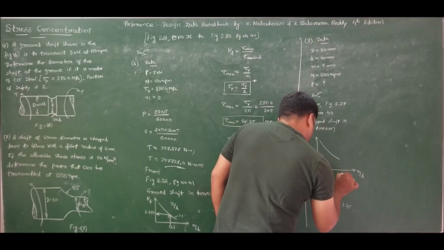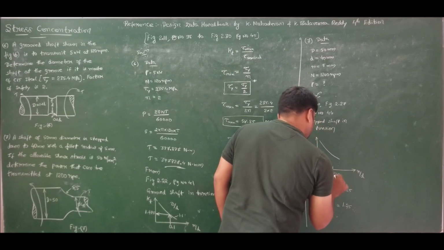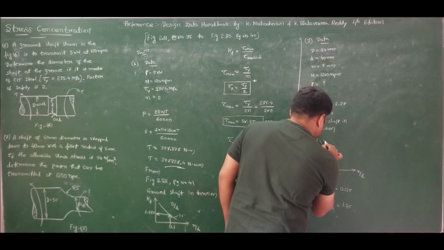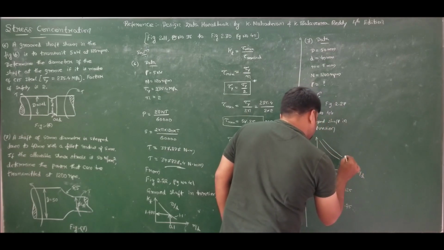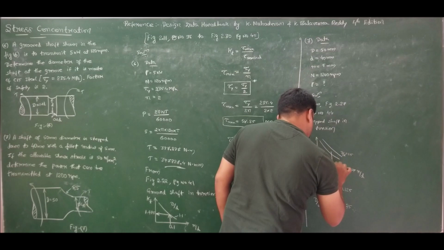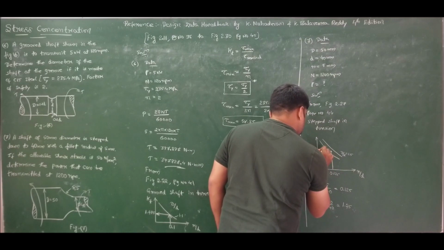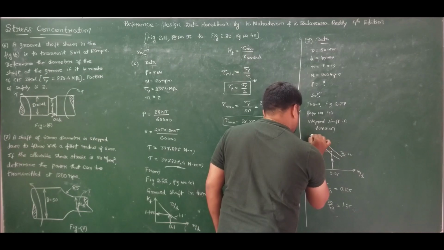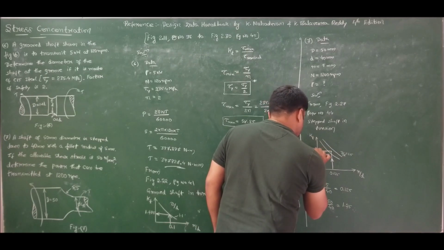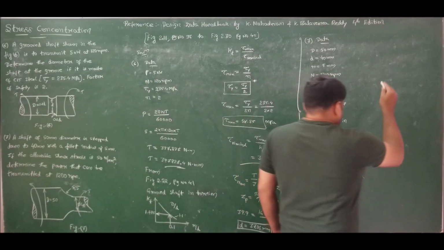So mark R by d as 0.125. Move ahead between the lines of 1.02 and 1.5. Move between these two, mark a point and come horizontally towards the left. You will find that the value of stress concentration factor Kt is 1.31.